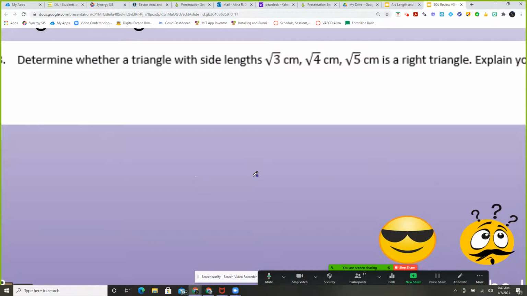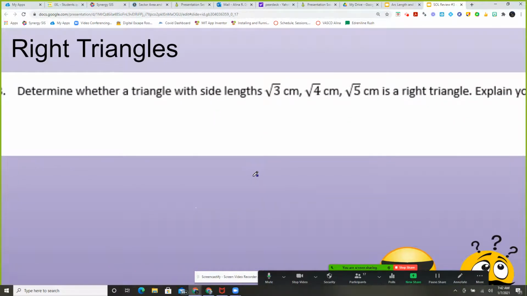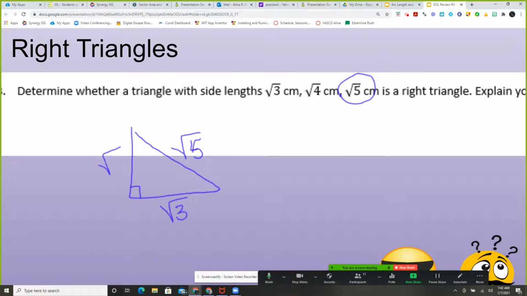Okay, right triangles. If I know this is supposed to be a right triangle, I can draw a picture, right? My longest side is always the hypotenuse. And then I can put the 3 and the 4 wherever I feel like it. I know it's right triangles, so I'm thinking Pythagorean theorem.